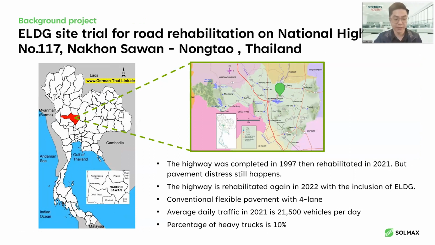And just some basic information, it is a conventional flexible pavement with 4 lanes, 2 lanes to the northbound and 2 lanes to the southbound. And this highway has an average daily traffic in 2021 of about 21,500 vehicles per day. And the percentage of the heavy trucks is about 10%.